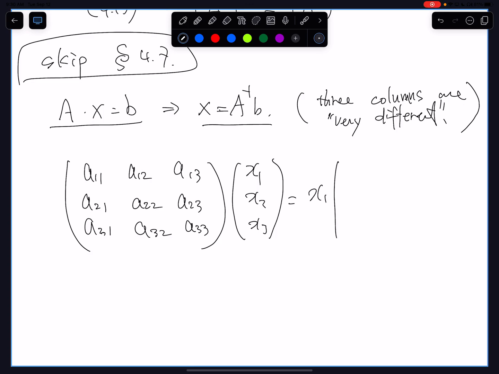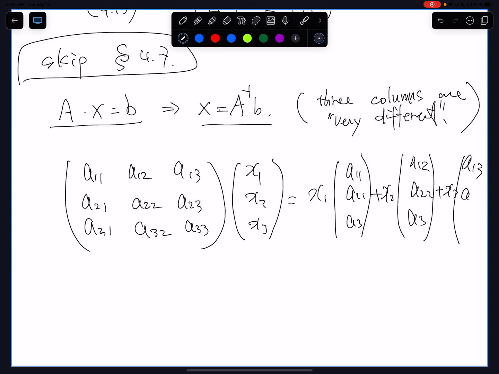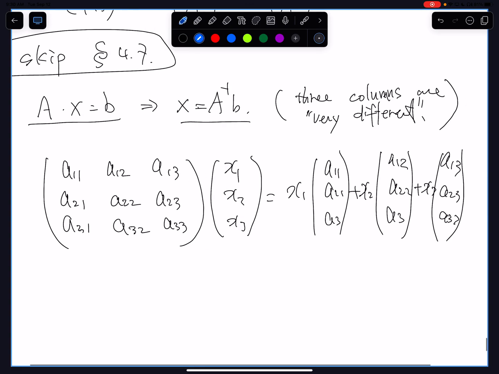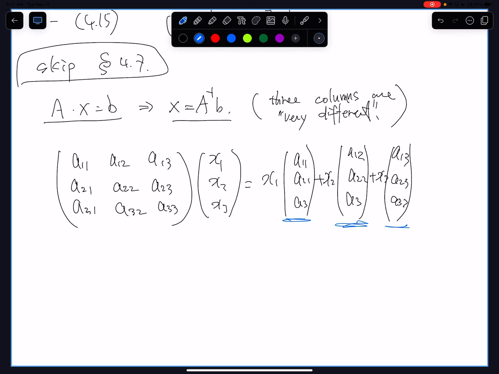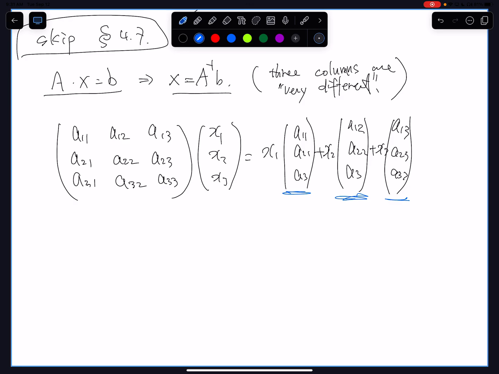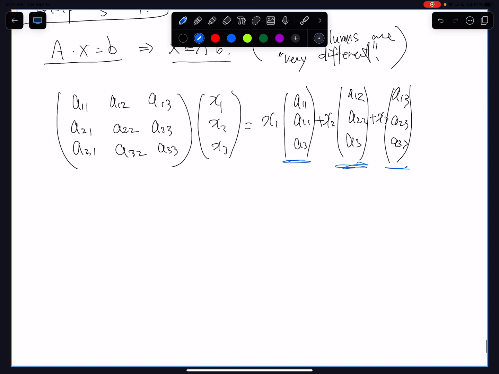So this is x1 times (a11, a21, a31) plus x2 times (a12, a22, a32) plus x3 times (a13, a23, a33), right? So we need these three vectors to be very different from each other, right? In other words, the three vectors are not in one plane, but each pair should make different planes, right? So that is the requirement. So the answer is the following.